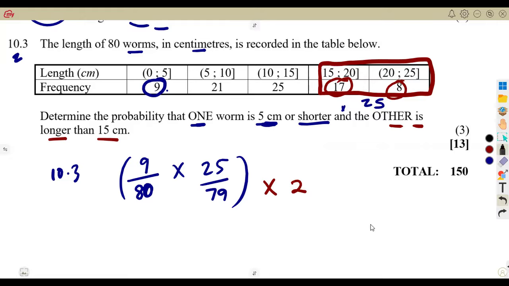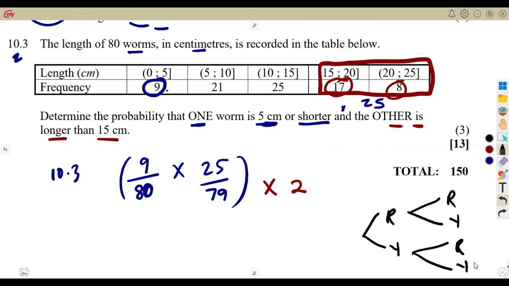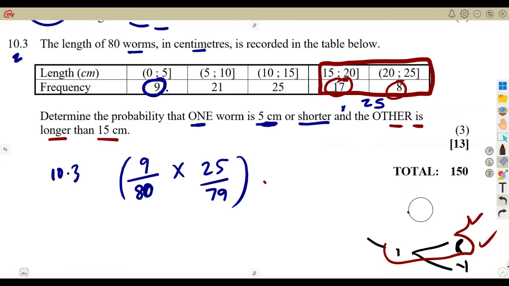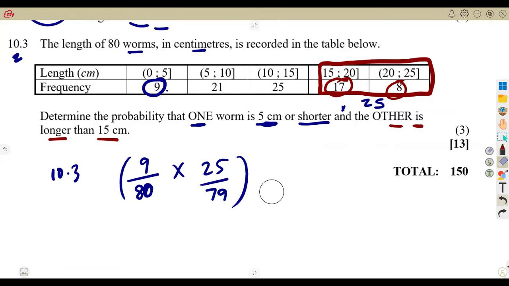It's just like this, guys. It's like we've got red, yellow, then we have another one, red, yellow, and another one, red, yellow. We need where there is, or we can have yellow, red. So there will be 2 events that are just exchanging these numbers, but same thing. So you can simply multiply by 2. Or instead of multiplying by 2, you can add another one, starting with the last one that we had, 25.